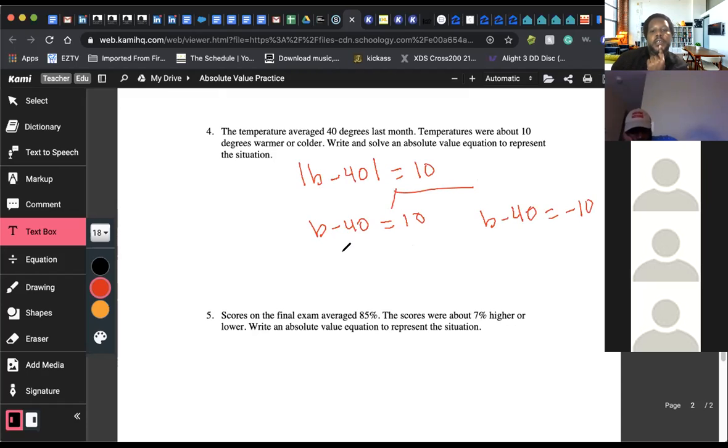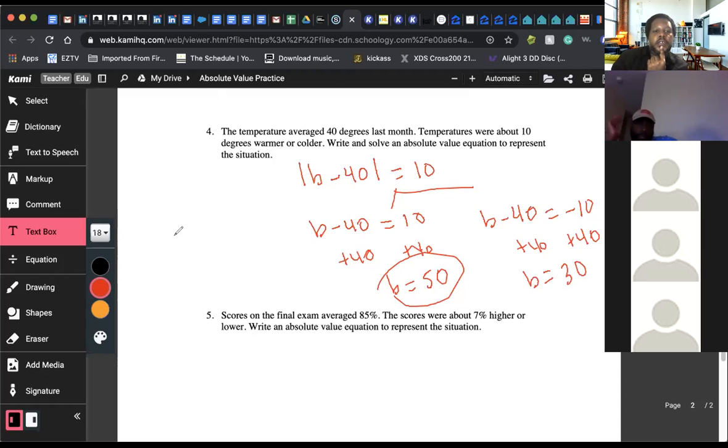So that's going to be 50. So B equals 50, and then 40, negative 40. That's positive 30. So B equals 30. Perfect.